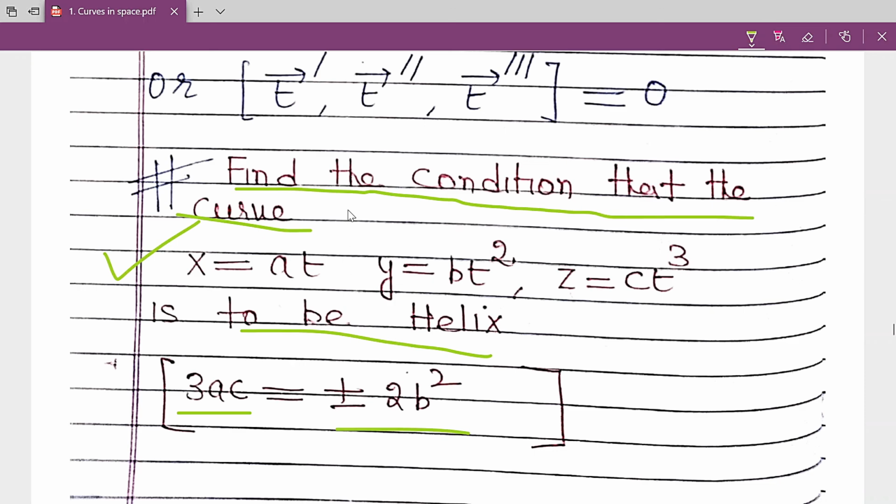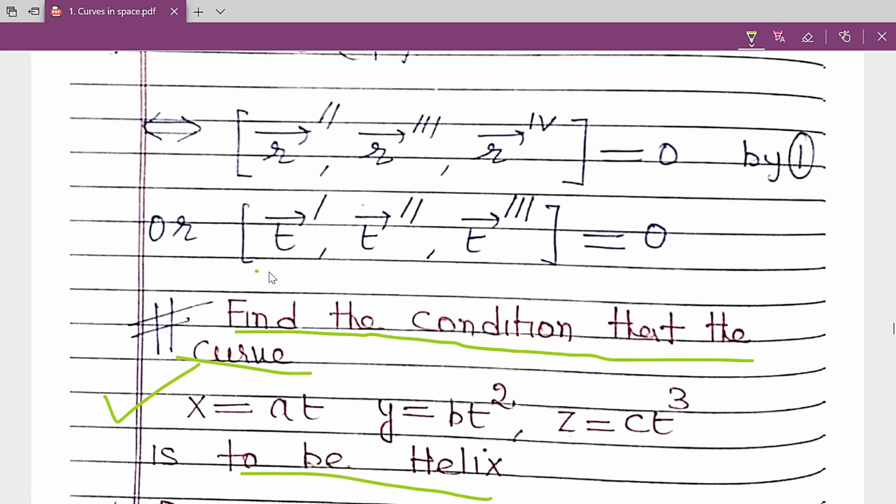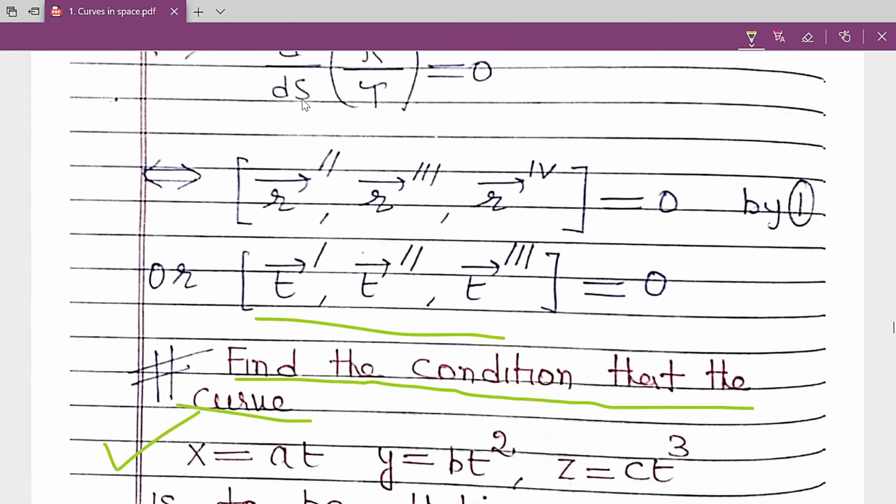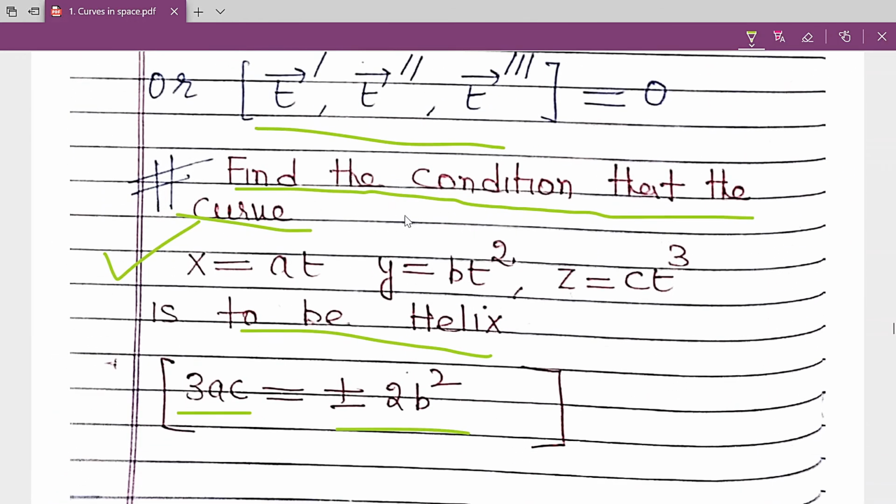You can also use the result that taking the triple product equal to 0 also gives the condition. So this is the way to find the condition.